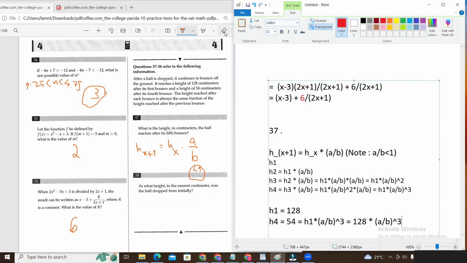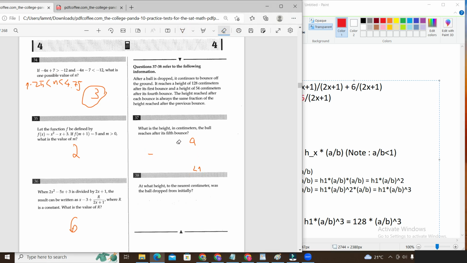Alright, so first of all, let's delete this intuition, but I'll write it small again. h of x plus 1 is equal to h of x times a over b, and this is smaller than 1.